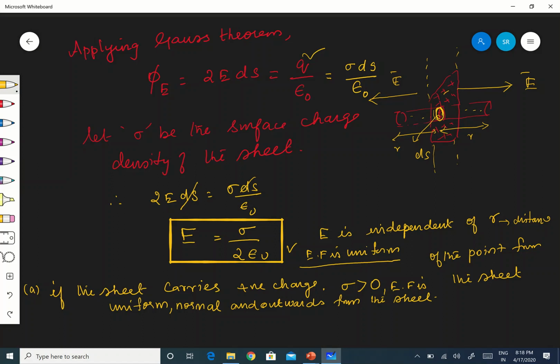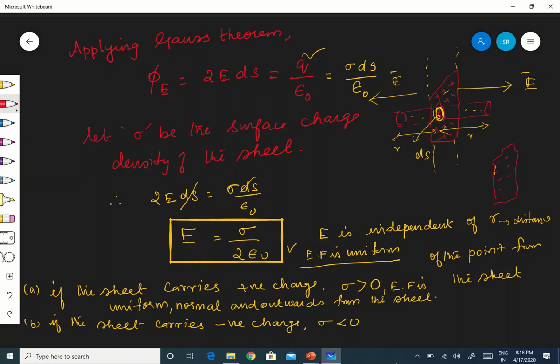Okay, right. Next one, if the sheet carries negative charge, sigma is less than 0. Sigma less than 0 means, let me draw here once again, here the charge is negative.